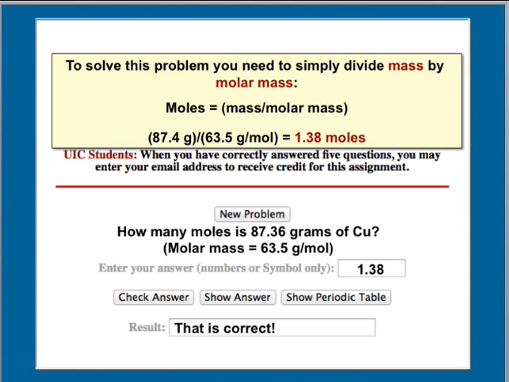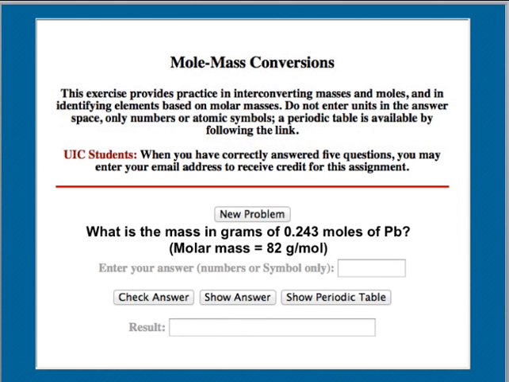Let's do one more. Here we have 0.243 moles of lead. We know the molar mass of lead is 82. What's our mass in grams?